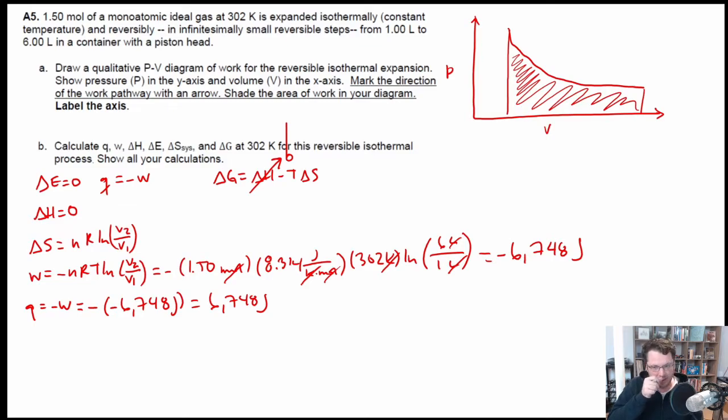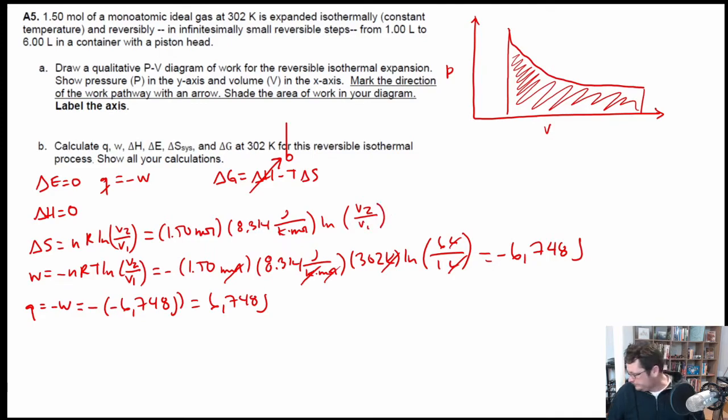Delta S of the system: all we have to do is plug in the info that we have here too. That's going to be equal to the number of moles, 1.50 moles, times R, which is 8.314 joules per Kelvin per mole, times the natural log of V2 over V1, where V2 is 6 liters over 1 liter.